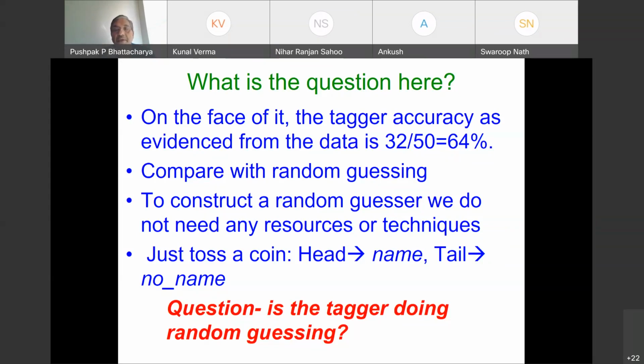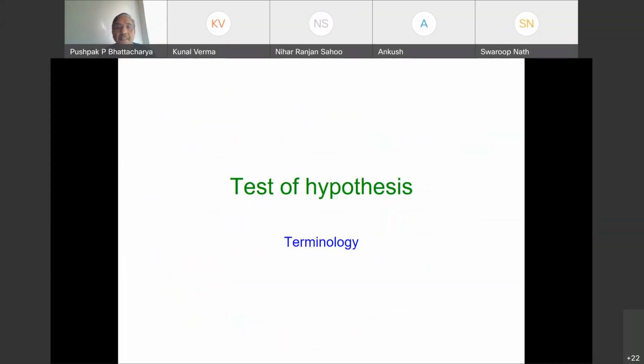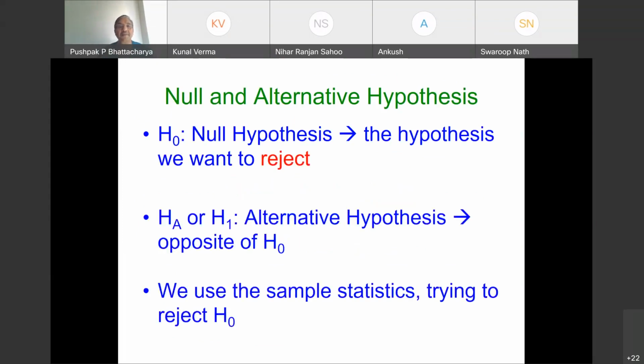So I think you are able to accept that. Don't worry about accuracy now. Now we come to some terminology and definitions that we will require. First and foremost, we have to form what are called the null and alternative hypotheses. There is a notation for this.